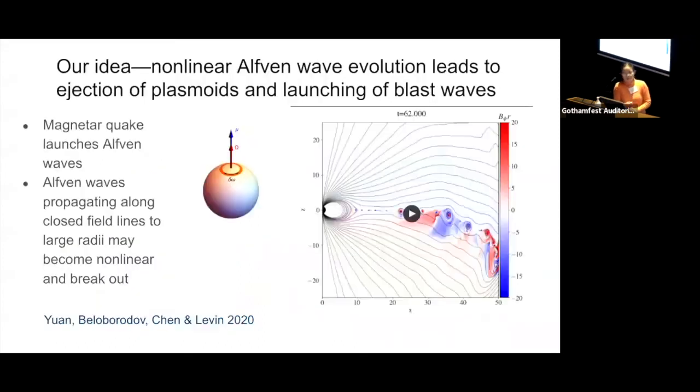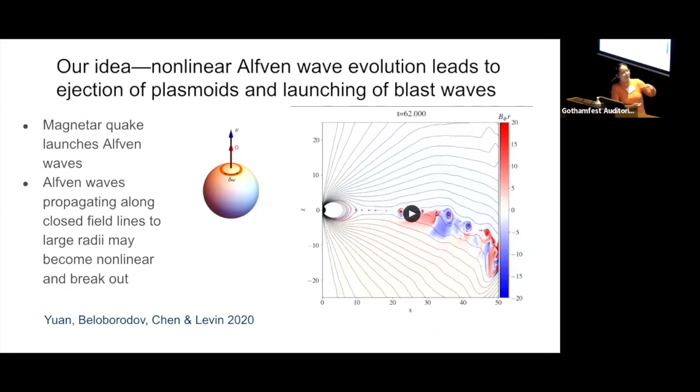So we have been thinking about a possible scenario to produce this kind of bursts. What we think is that this kind of magnetar burst is usually triggered by a starquake, where the disturbance on the stellar surface breaks the crust, maybe due to the internal evolution of the magnetic field.